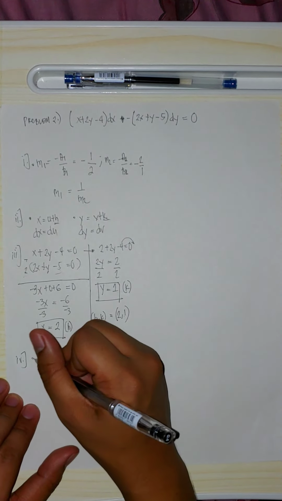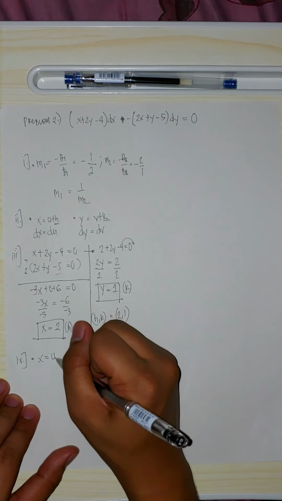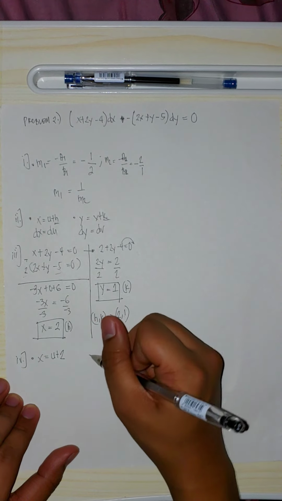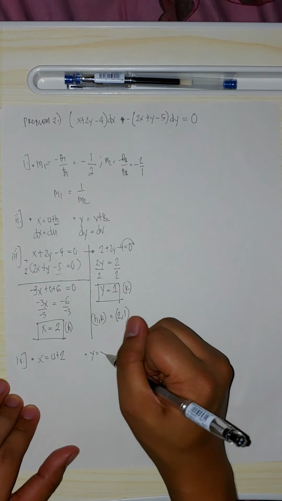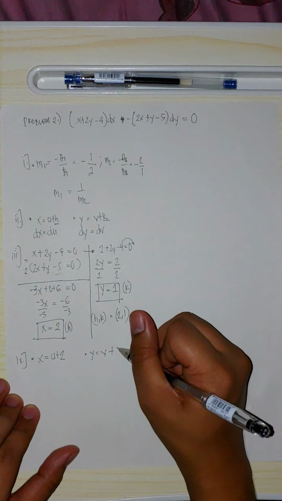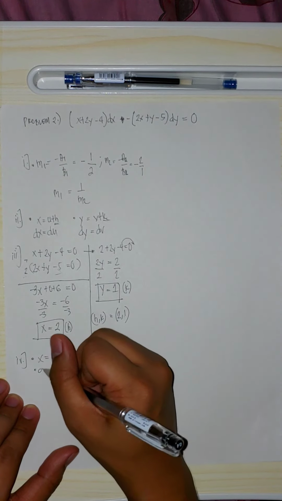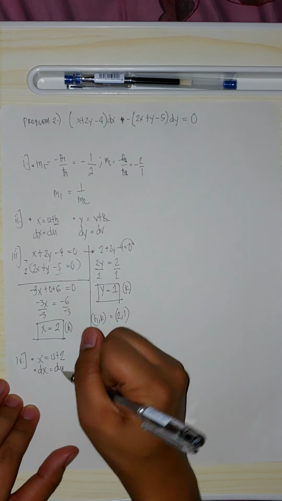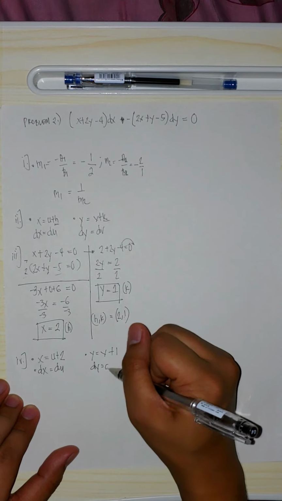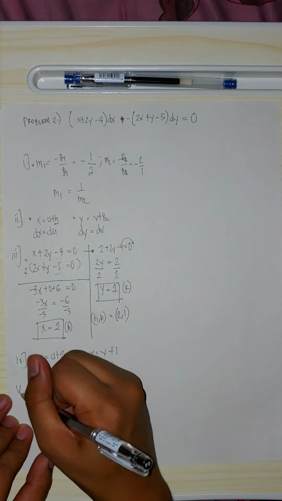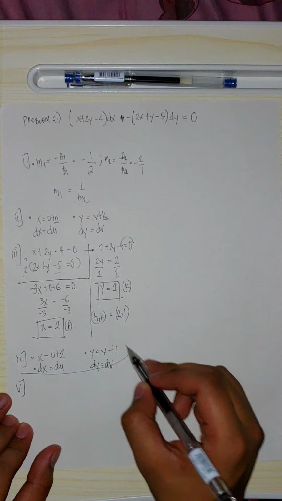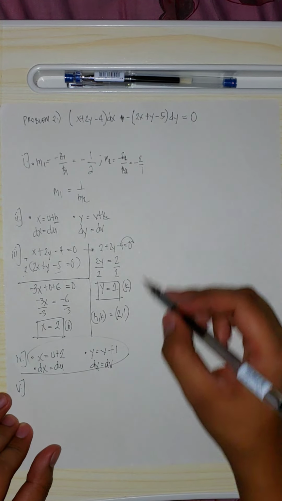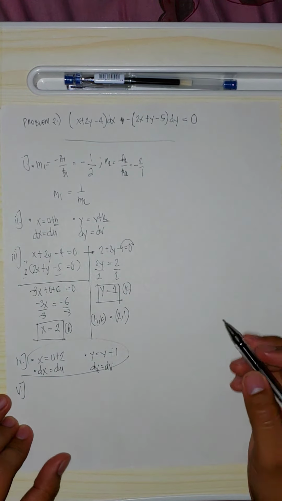So we have x is equal to u plus 2, and y is equal to v plus 1. And then we have dx equal to du, and dy equal to dv. Next, we substitute these whole equations into the first equation of the differential equation.